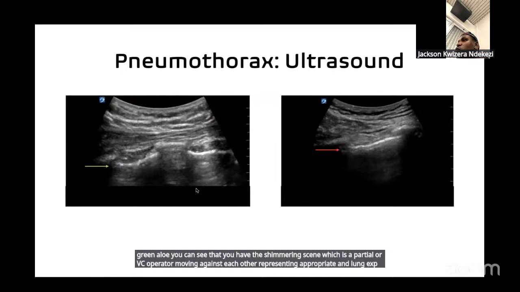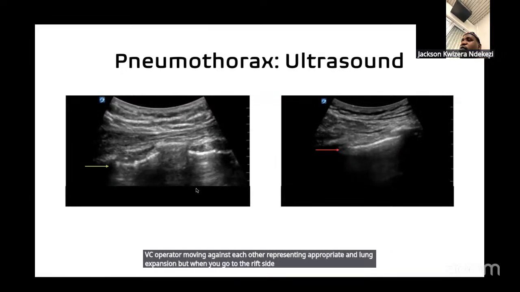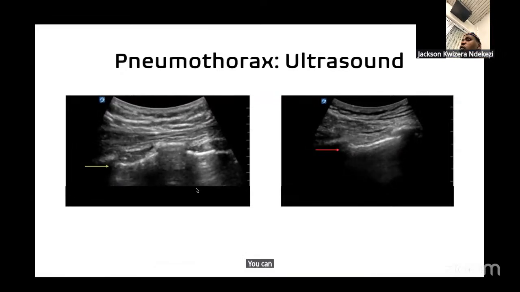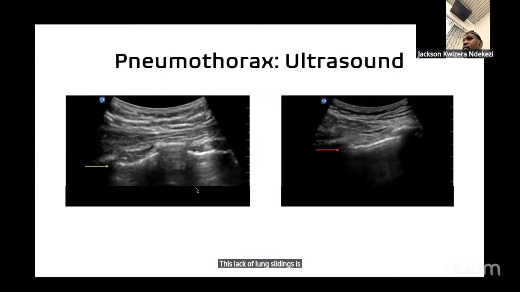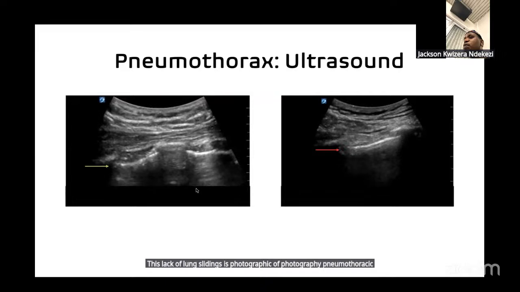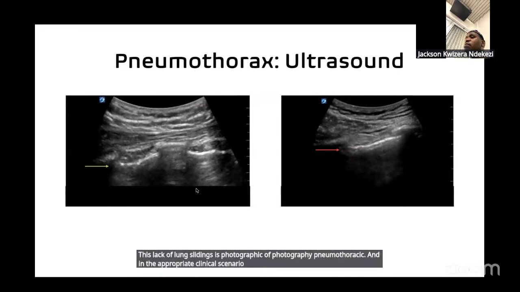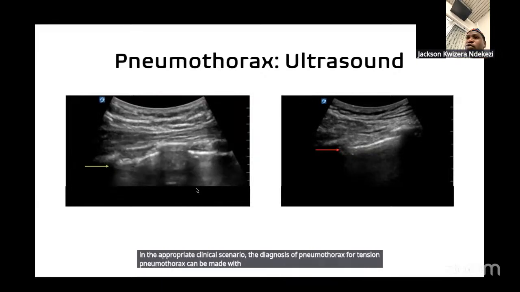But when you go to the left side, you can see that the red arrow is showcasing the lack of lung sliding. This lack of lung sliding is pathognomonic of pneumothorax. And in the appropriate clinical scenario, the diagnosis of pneumothorax or tension pneumothorax can be made with ultrasound very acutely and genuinely.